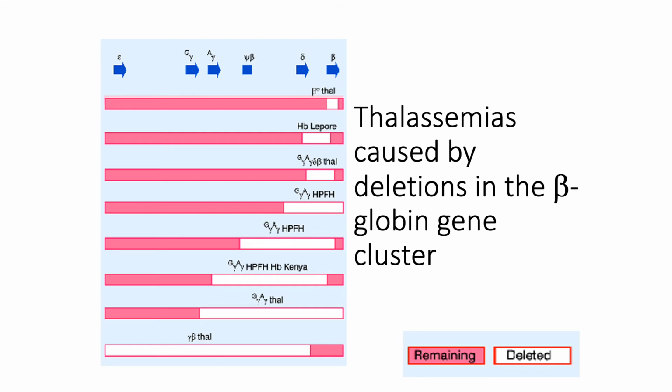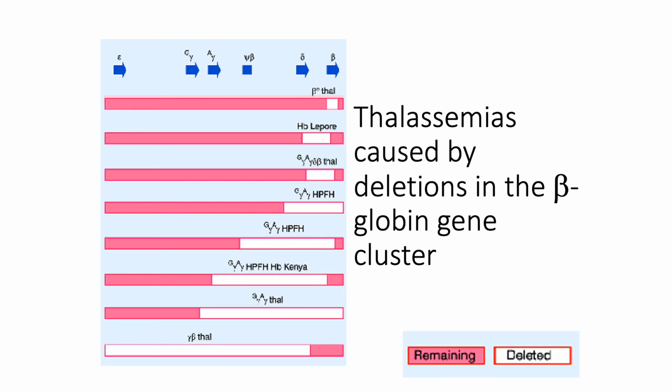So a number of deletions in the beta globin gene cluster have been identified. That, of course, leads to some medical issues called thalassemias. And these bars underneath the blue bars depict the areas that have been deleted. So the pink represents what's still there, what's remaining.